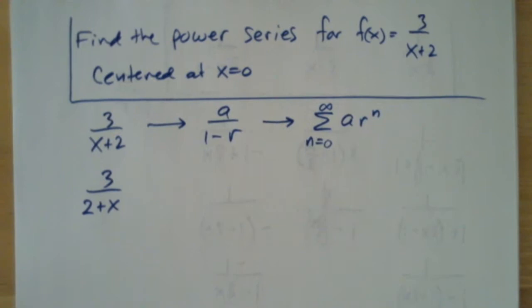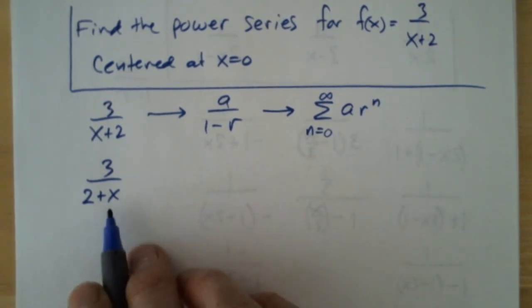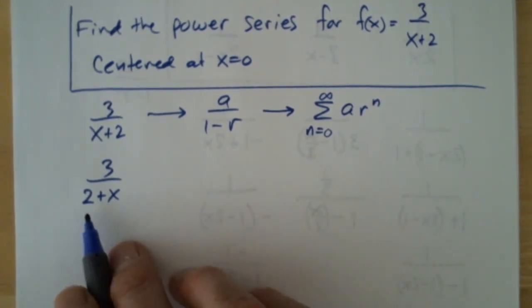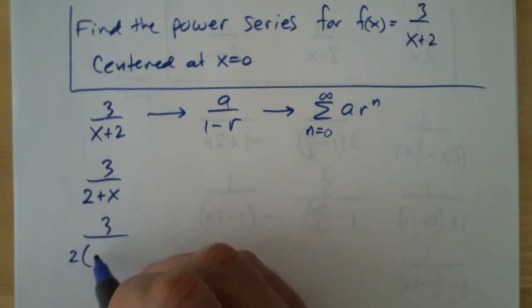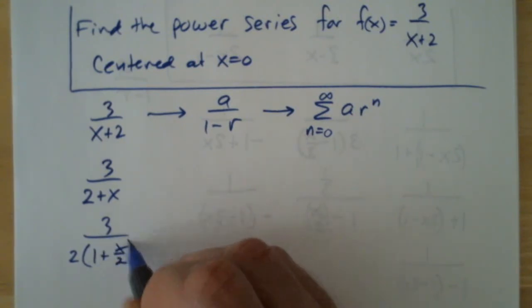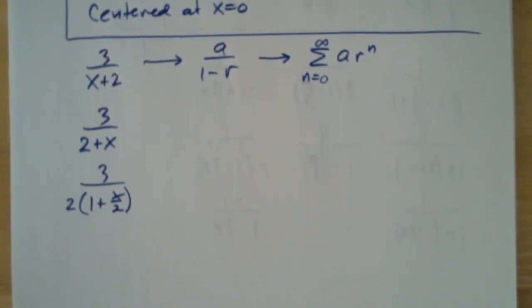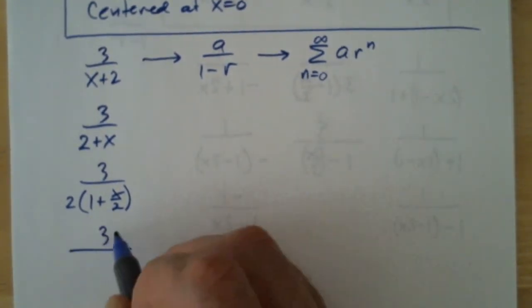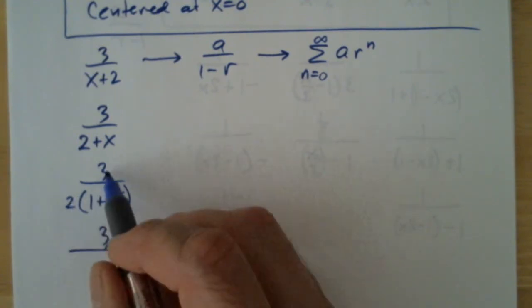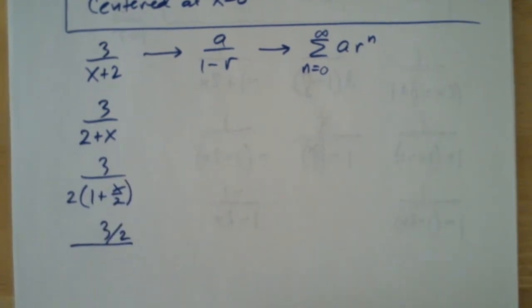We want the variable second. We don't want there to be a 2 there, so factor out a 2 and put the 2 in the numerator, so it's 3 halves.